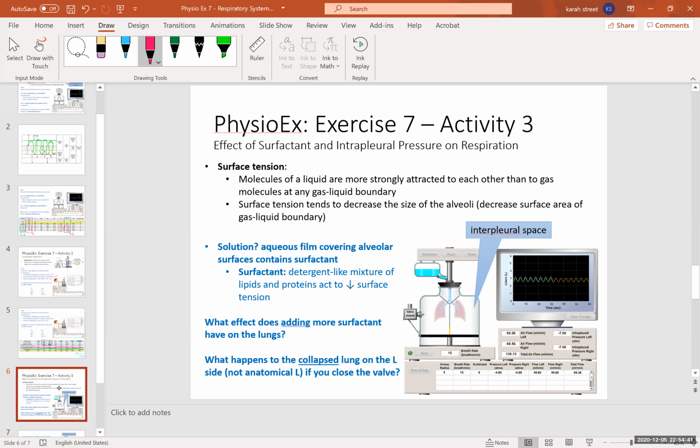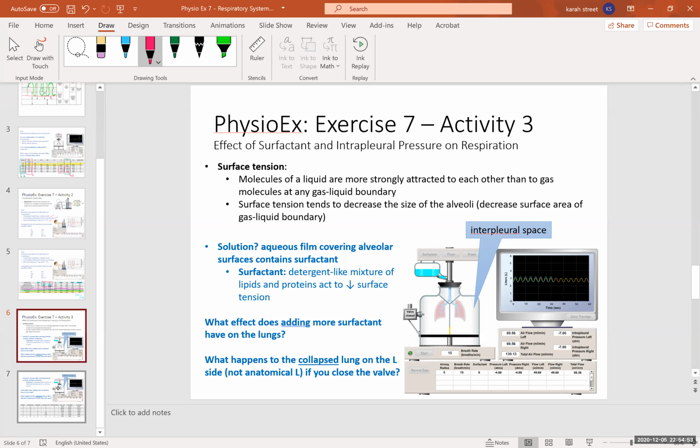There is no longer a vacuum. And the lungs will recoil, they will collapse. It's called an atelectasis. And now that means the lungs will no longer be compliant with the chest wall. Inhalation will be very difficult.